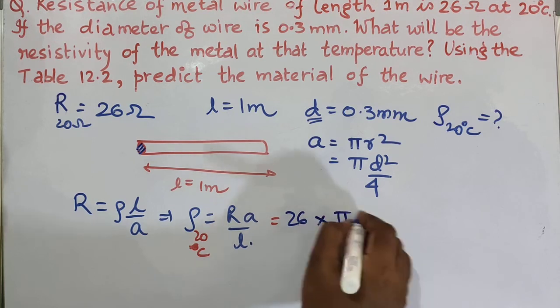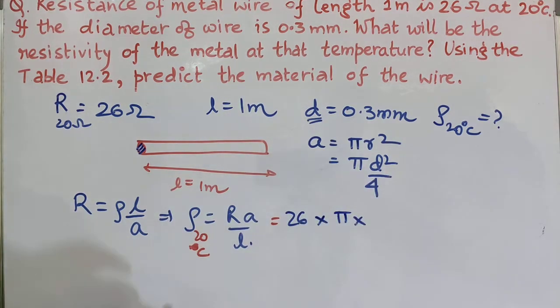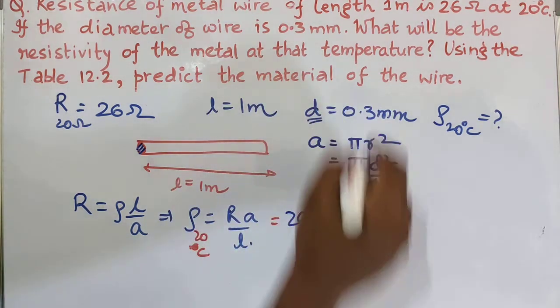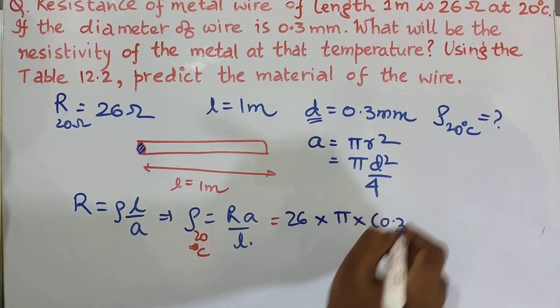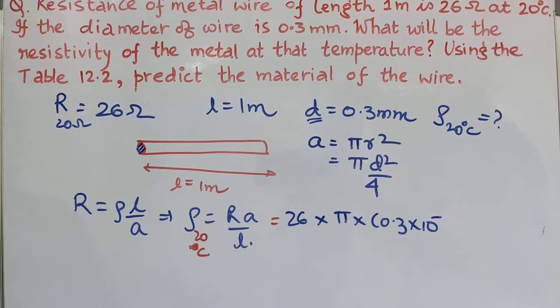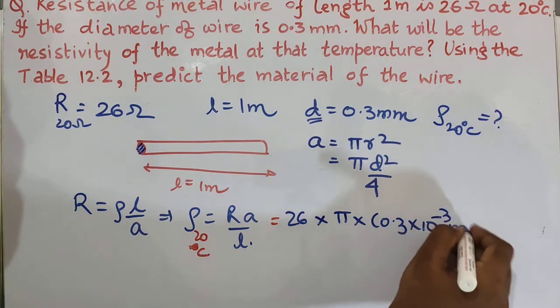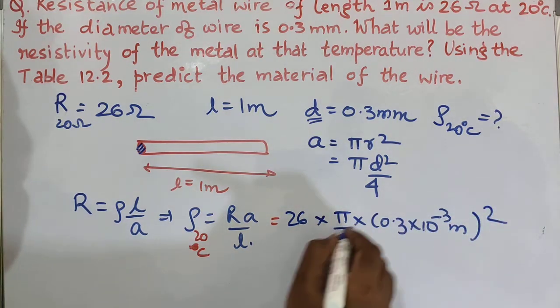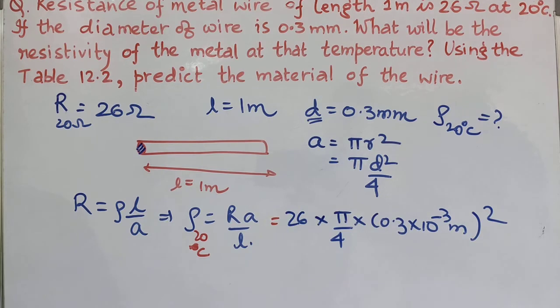Pi into D square, D is 0.3 mm, so I can write it as 0.3 into 10 power minus 3 meters whole square by 4, by length 1 meter. You have to solve this.